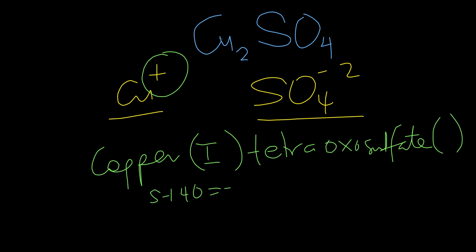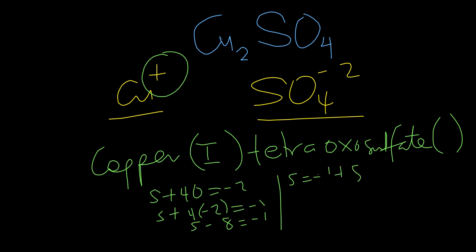So that will give us sulfur plus 4 times -2, which is the charge of the oxygen, equals -2. We have sulfur -8 equals -2. So we have sulfur equals -2, then +8. So that will give us +6.